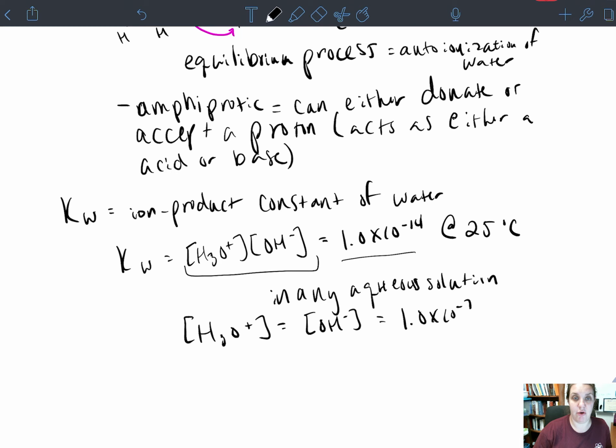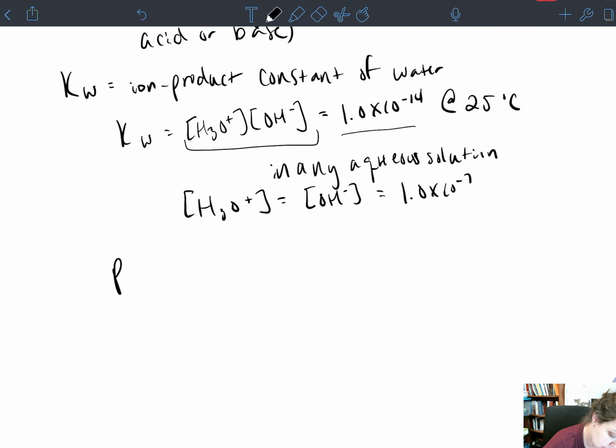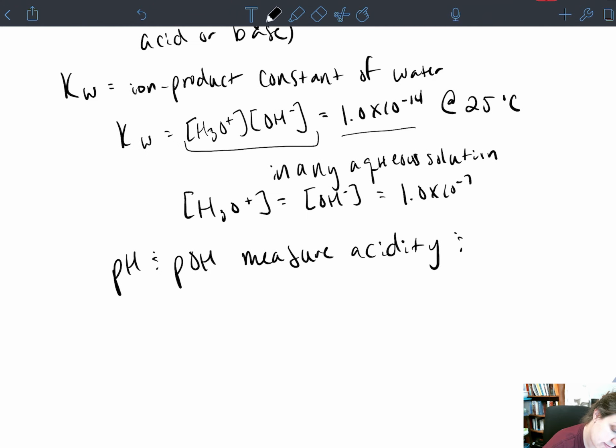Okay, so pH and pOH measure the acidity and basicity of a solution.